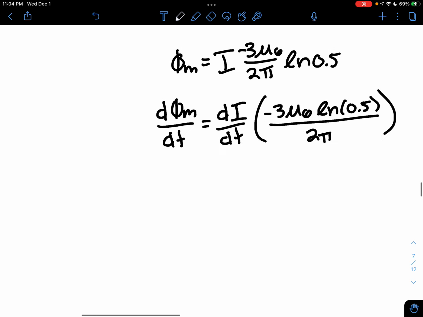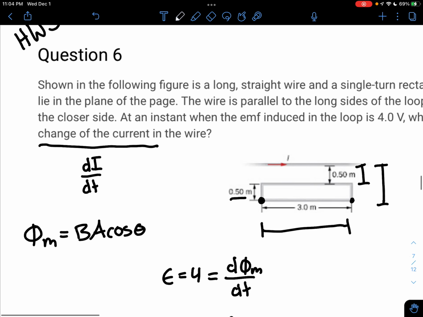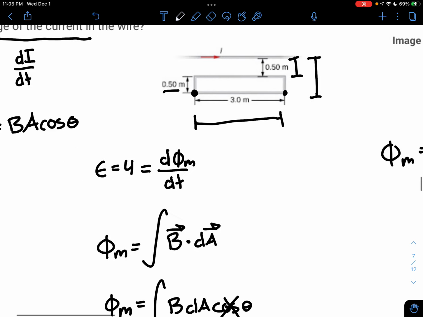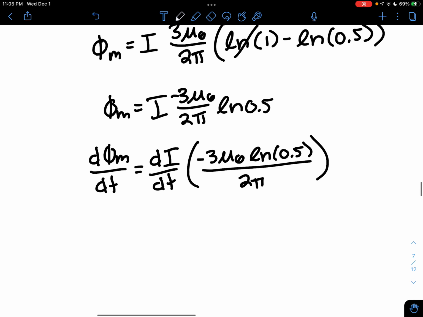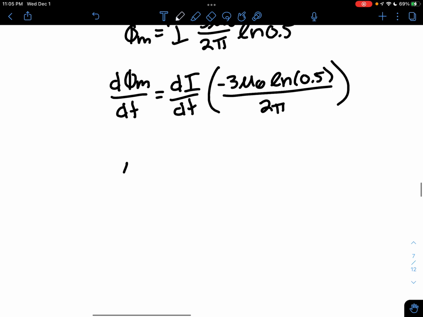And remember, if we still remember what's going on at this point, we're looking for the rate of change of the current in the wire. We're looking for this di dt. And we now suddenly have an equation where we know our d flux dt, right? That was just 4 from before. We know all of this because all of this is just a constant.